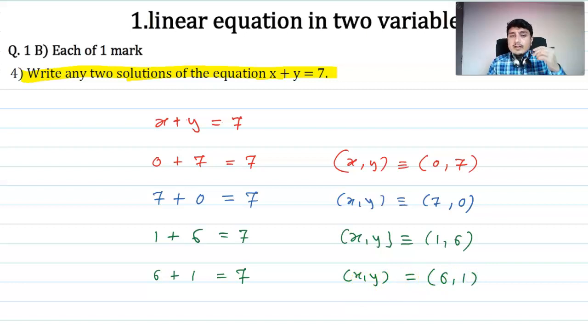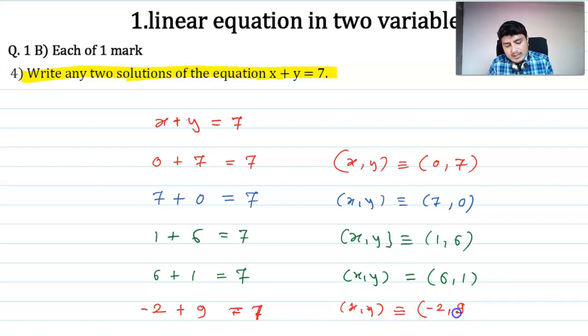Now suppose we consider the value of x to be a negative value. Say x is minus 2. So minus 2 plus something gives us 7. That means, as we well know, minus 2 plus 9 equals 7. So x comma y has x as minus 2 and y as 9. So minus 2 comma 9 is a solution of the given linear equation in two variables.